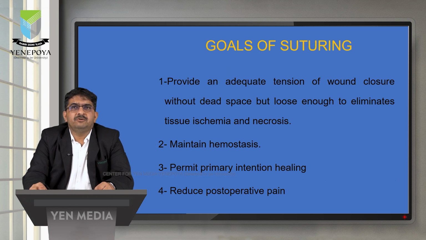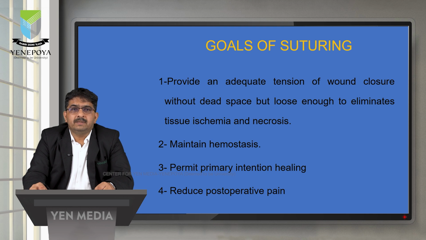What do we achieve by suturing? As we have already discussed, it approximates the tissues with adequate tension. Of course, we need to understand that it should not cause tissue ischemia and necrosis, and it should maintain hemostasis.